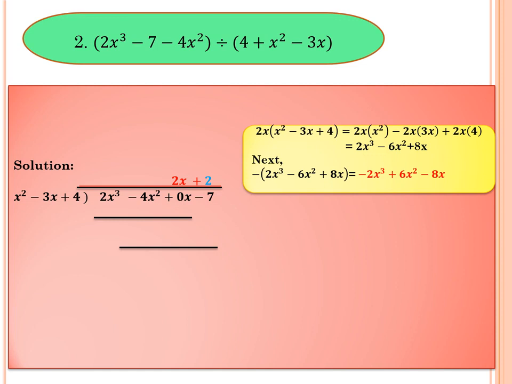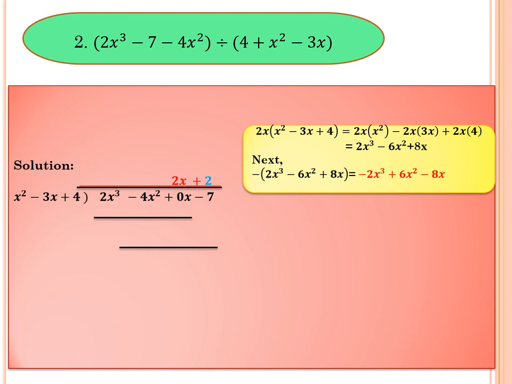Next, this product would be our subtrahend. And we always know that when our operation is subtraction, we always change the sign of the subtrahend and then follow the rules of addition. That's why we apply negative to this expression, of this product.